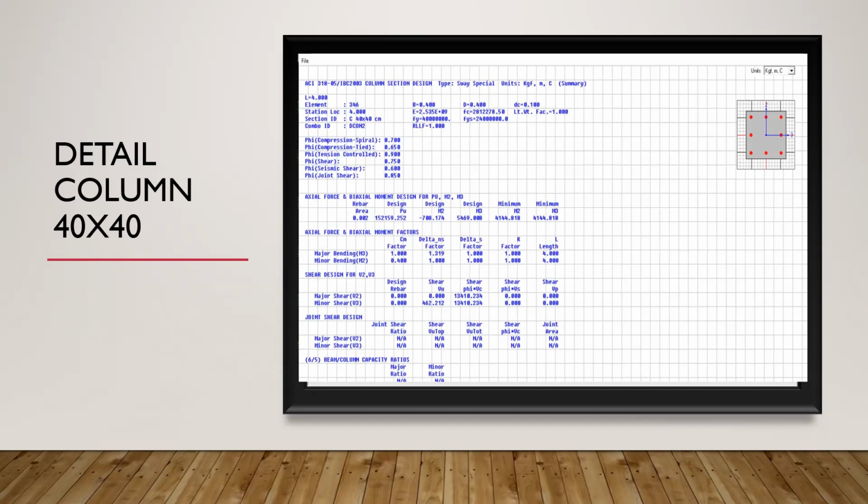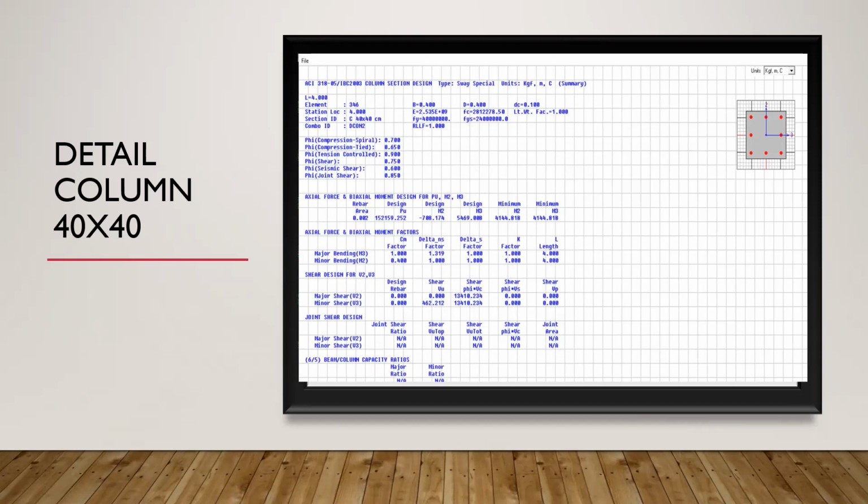So we needed to change the size of the column. Finally, we got 3 sizes of column: 40 times 40, 30 times 30, and 25 times 25. This detail tells us the axial or compression force that acts on the column, including the moment and the shear force.